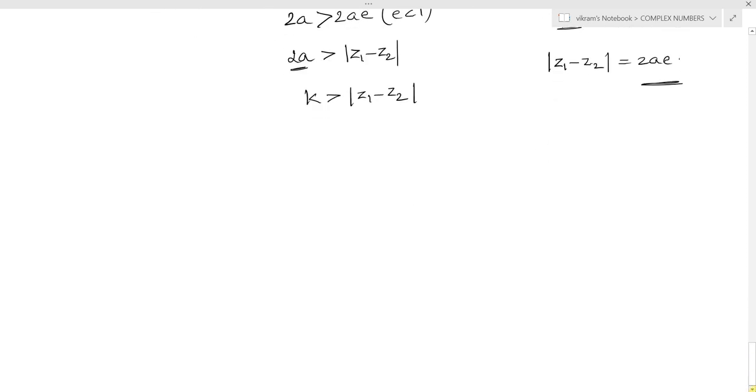Now we will discuss the hyperbola. So what is a hyperbola? In a hyperbola, the condition to be satisfied is, again, the whole modulus of mod of z minus z1 minus mod of z minus z2 equals K. Before that we didn't consider the whole modulus.